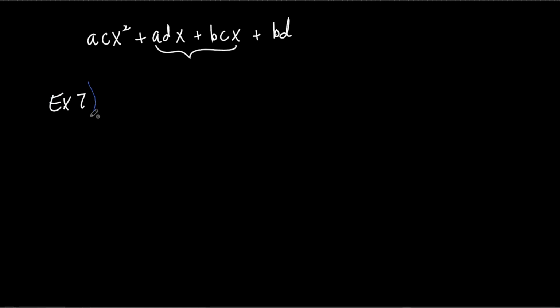This is example 7. If you look in the book, there's A, B, C, and D. I'm not going to do all of them, but I'll start you off a little bit. Now, these are kind of special. Well, let's see. They're not all special ones. Let's do this one. Write this down. Everybody writing this down?